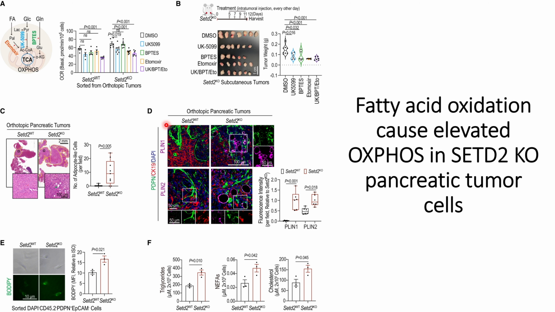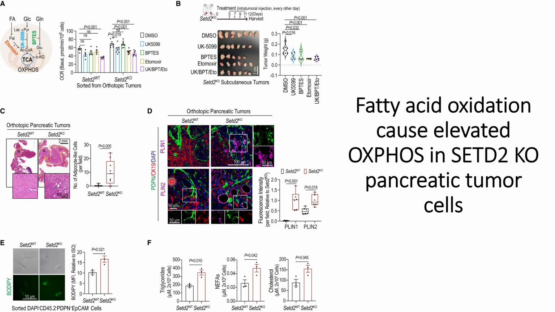In the case of PLIN1, the cancer-associated fibroblast and PLIN1 markers coexist in most cases, indicating that the adipocyte-like cells and cancer-associated fibroblasts exist in the stroma and not in the pancreatic tumor cells.